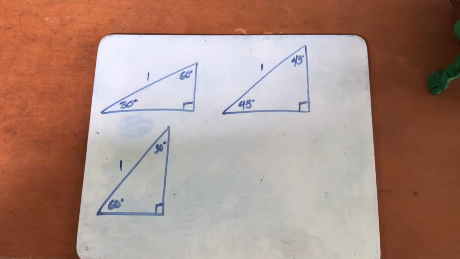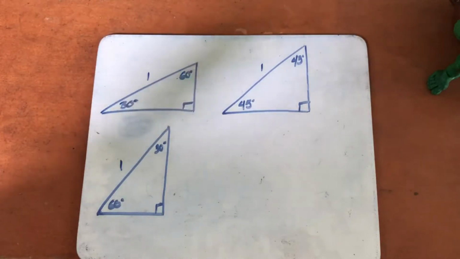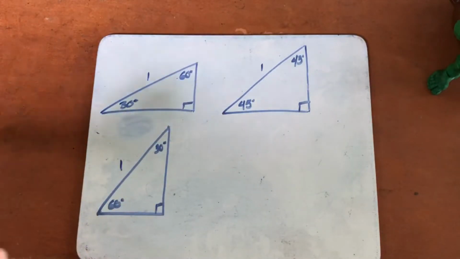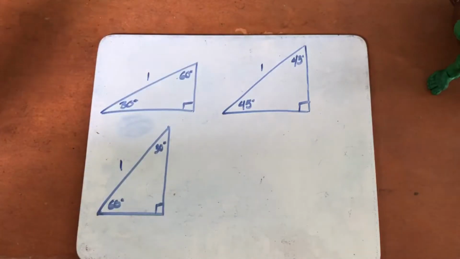Since the unit circle is based off of these, if math teachers and math people want to know the sine, cosine or tangent of some angle, and they don't want it in decimals, it's going to be one of these special right triangles. Now, these special right triangles also extend past 30, 45, and 60. They go around the whole circle, but it's all relative to this, and that's what the unit circle is about.